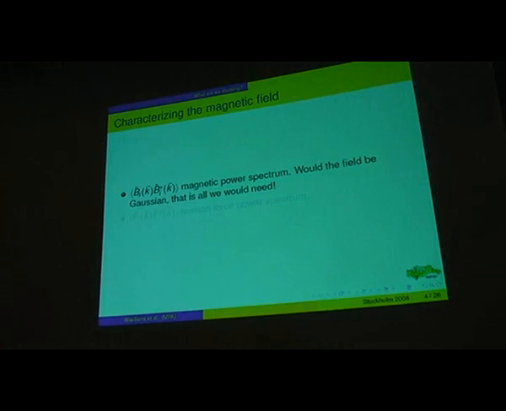Traditionally, the most basic thing one can get at is naturally the magnetic field power spectrum, which is what you see above here. And if our field, our image which we saw in the previous slide, were Gaussian, then we would be done, because we have a 2-point correlator, the power spectrum, and essentially that characterizes the image with everything we need.